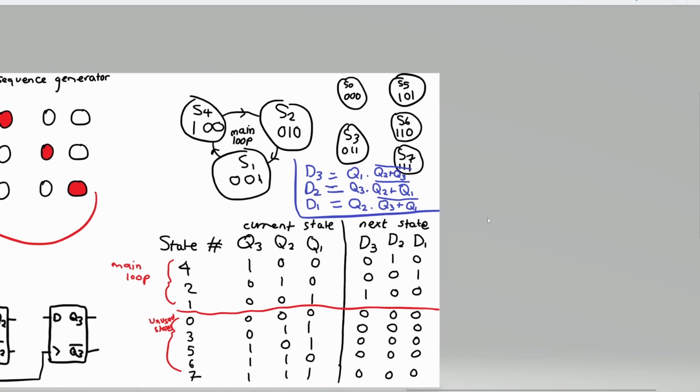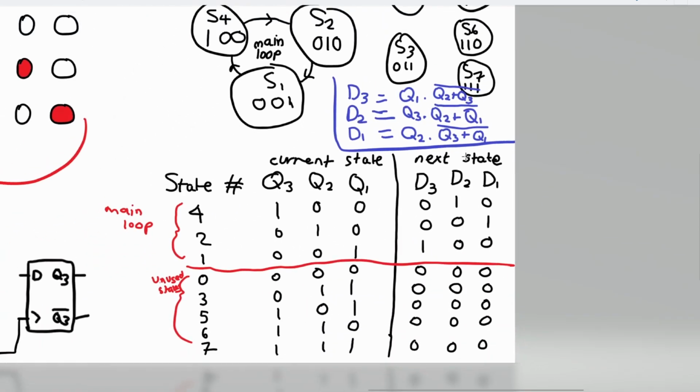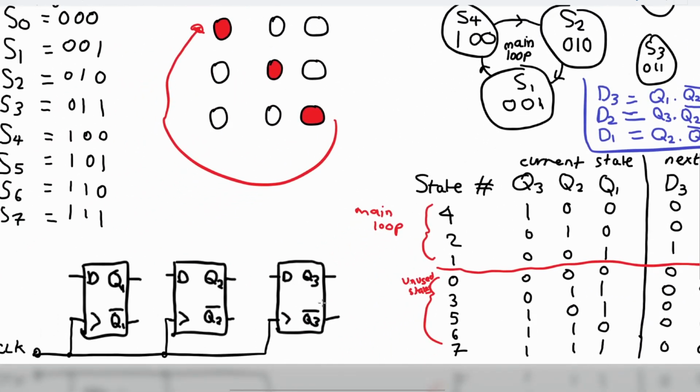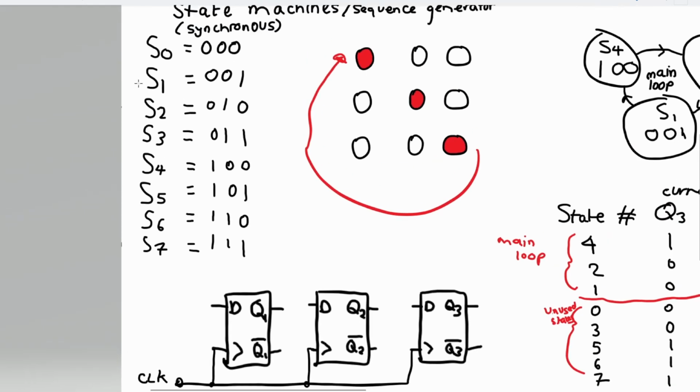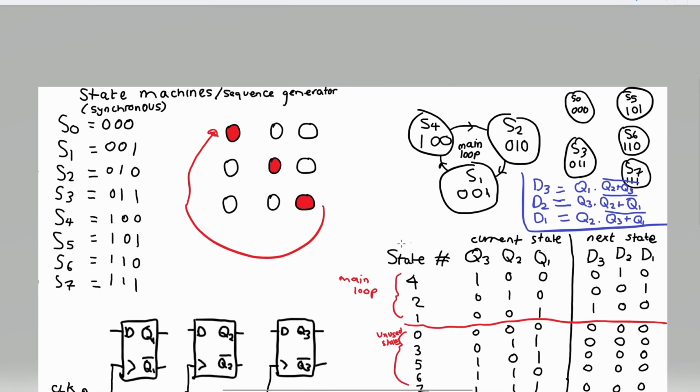I'll show you that this is not good, because the weird thing about D-types is when you start up a circuit, it can start up in any state. It could be any of these 7 states, or if it's a 4-bit, it could be 15 states, and so on.